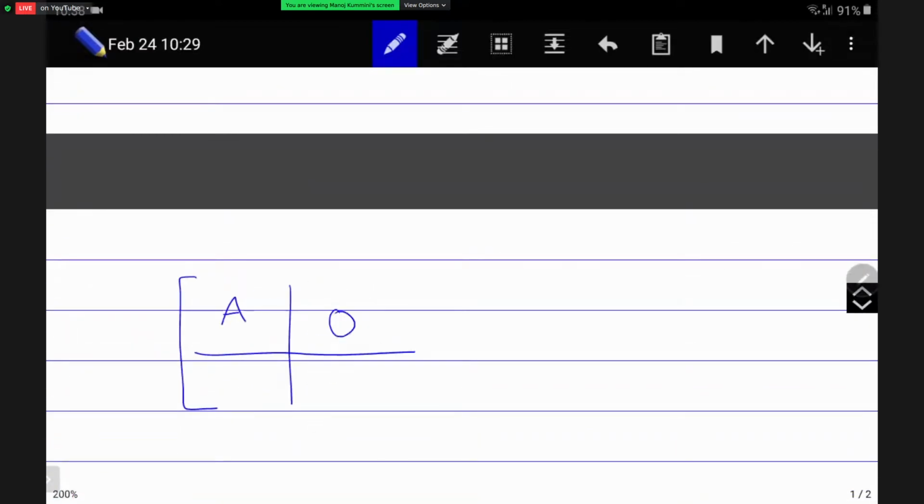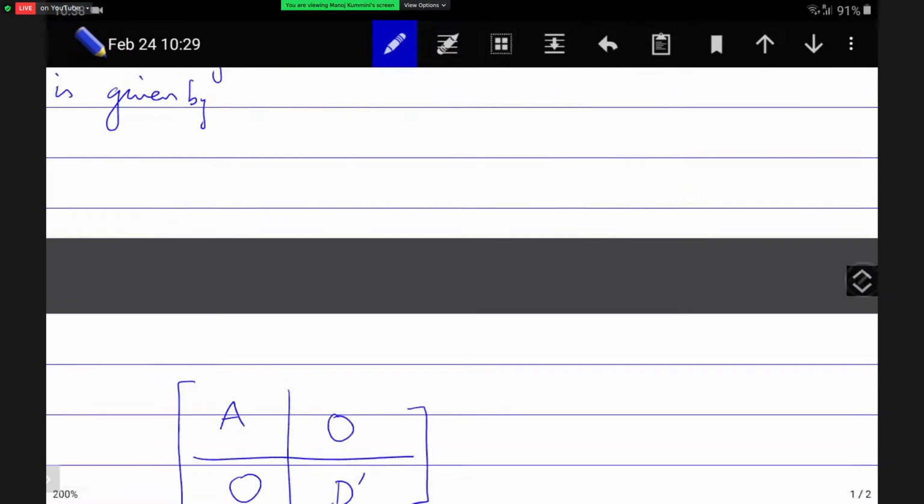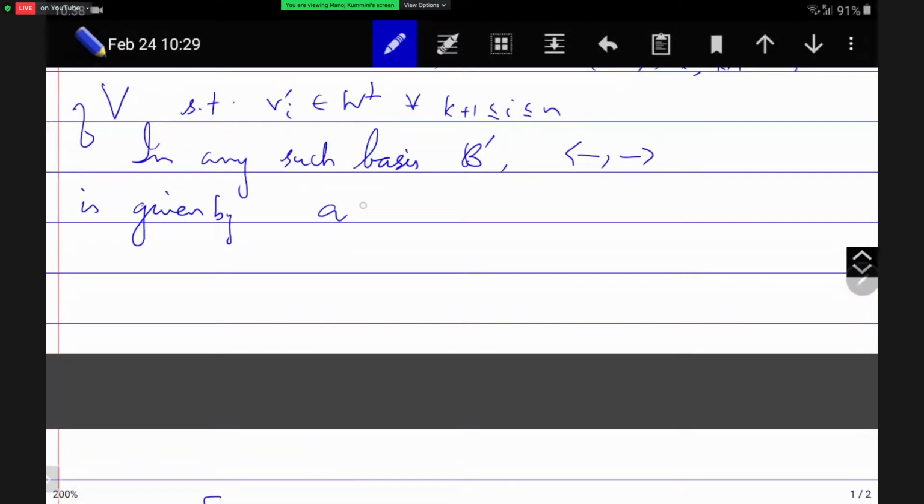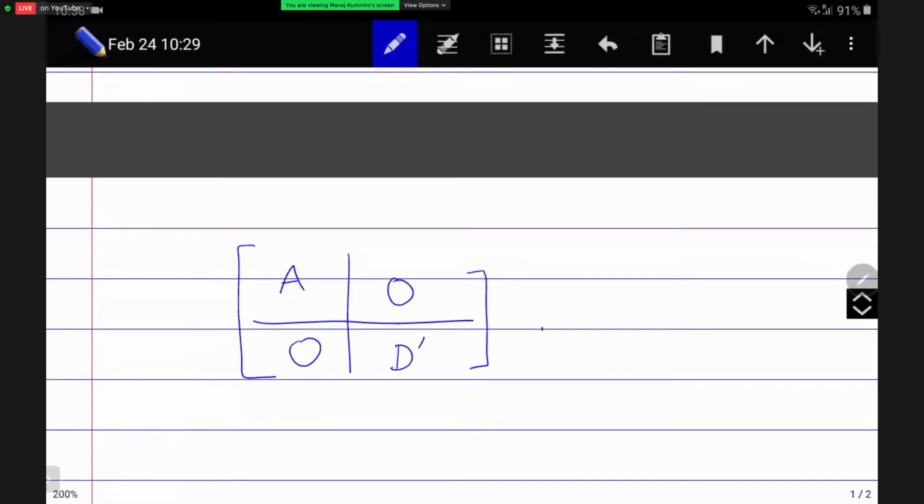And this is a symmetric or Hermitian form, so we will get 0 here. And we will get some D prime, given by a matrix of this form.